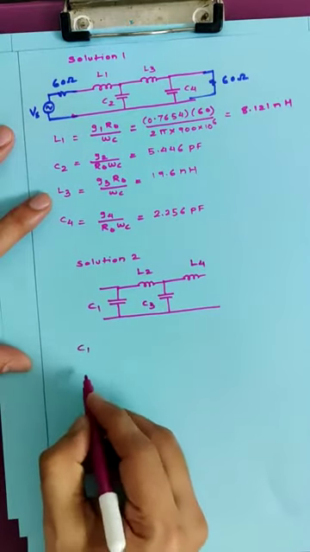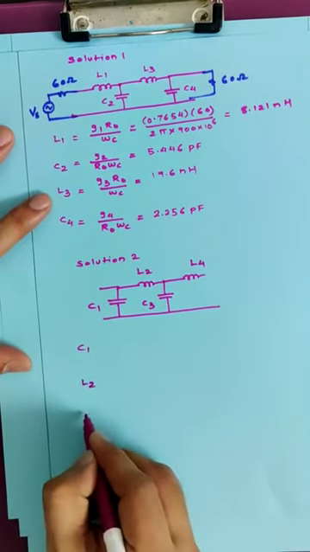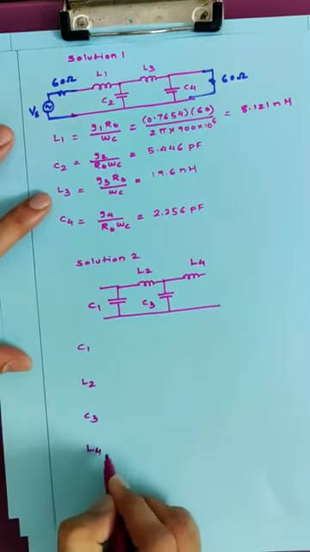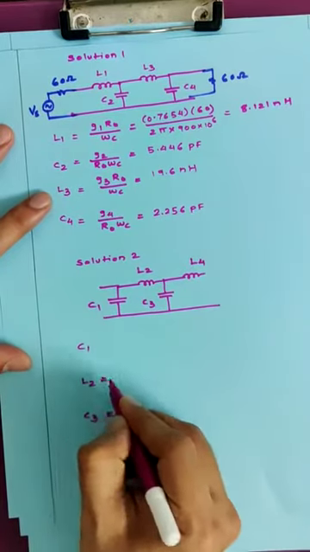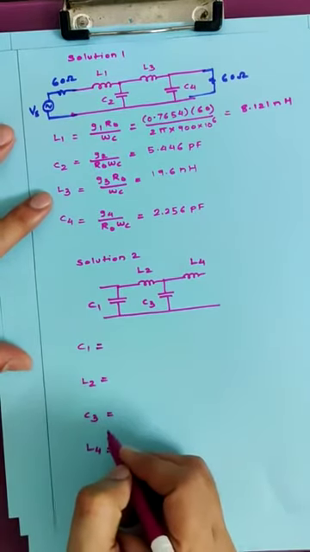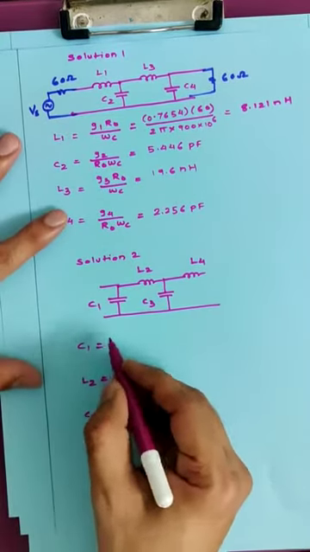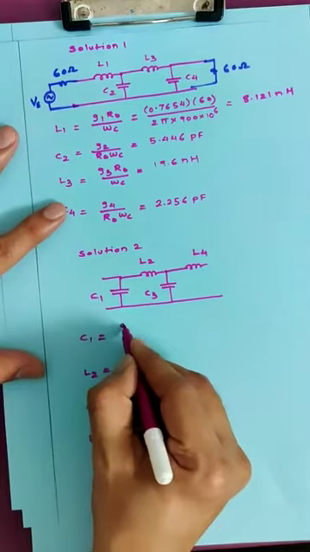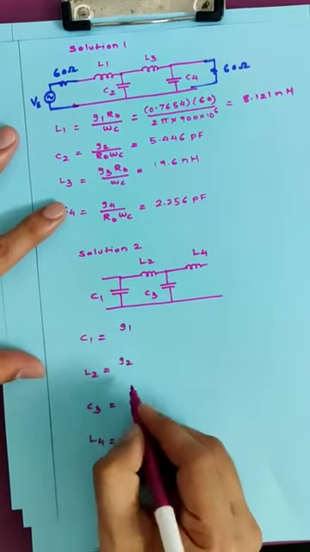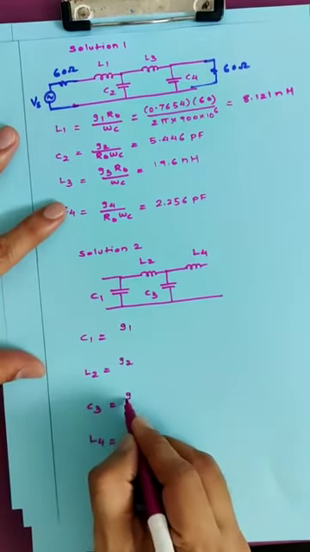We will be determining the values of C1, L2, C3 and L4. We are designing a low pass filter, so the component values will be directly proportional to the corresponding values of G. So C1 will be directly proportional to G1, L2 will be directly proportional to G2 and so on.